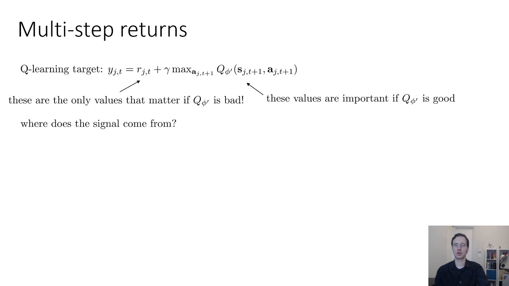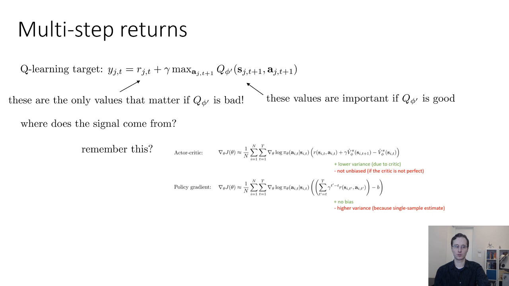And early on in training, your Q function is pretty bad, so almost all of your learning signal really comes from the reward. Later on in training, your Q function becomes better, and the Q values are much larger in magnitude than the rewards, so later on in training, the Q values dominate. But your takeoff, your initial learning period, can be very slow if your Q function is bad, because this target value is mostly dominated by the Q value.